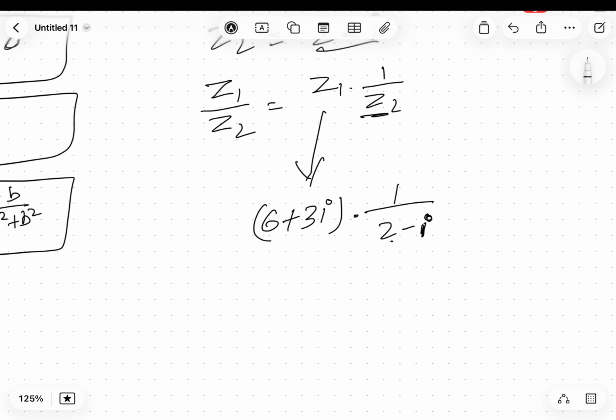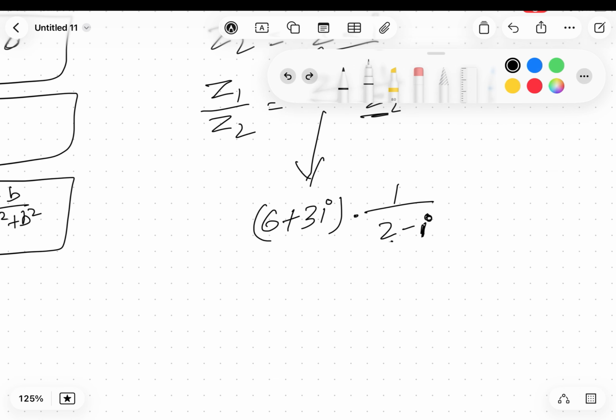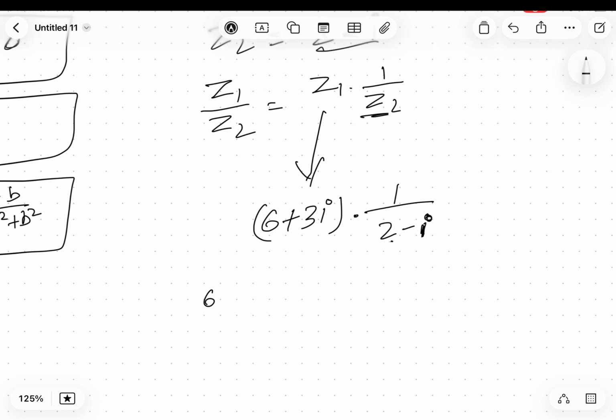So I can write 6 plus 3i into a by a square plus b square, a is 2, so 2 by 2 square, that is 4, plus minus 1 square equal to 1.